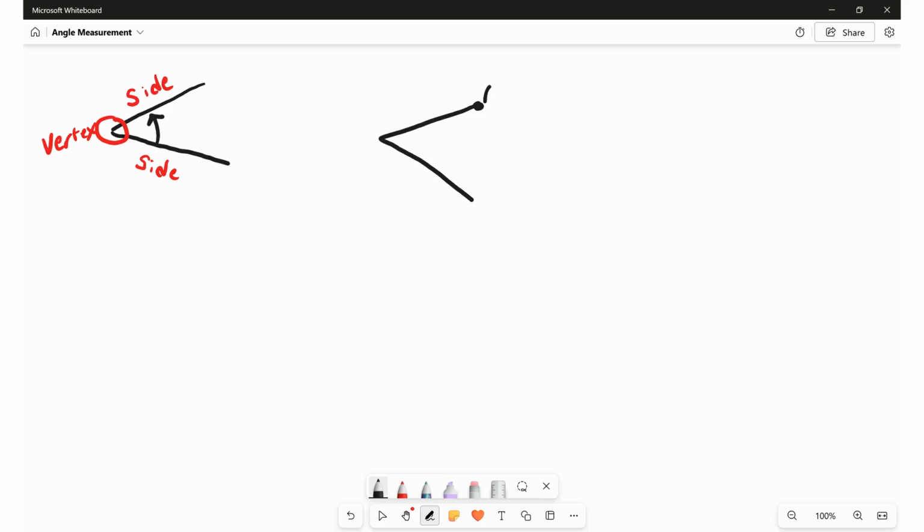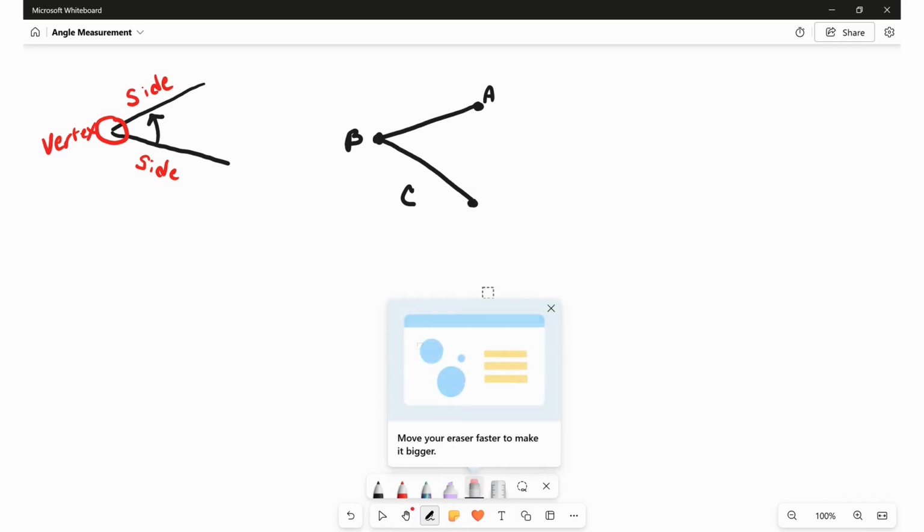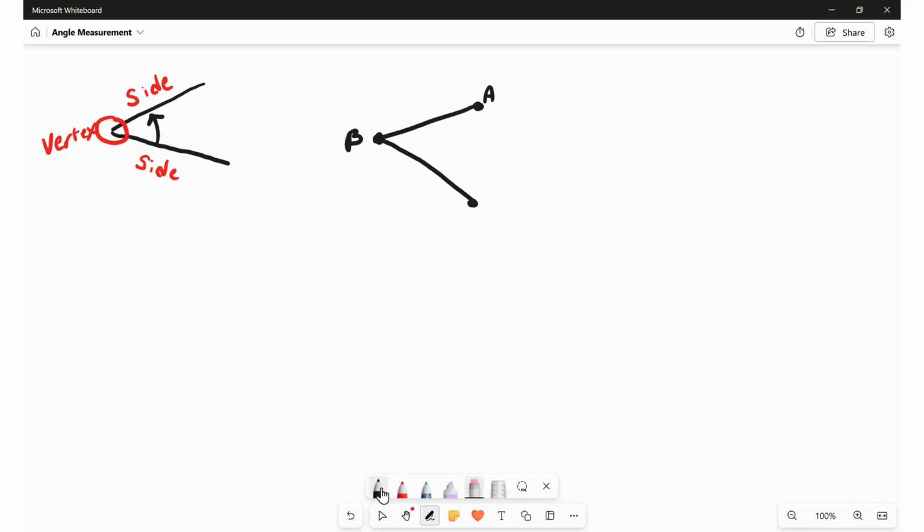I'm going to say that this endpoint is point A, this vertex is point B, and this endpoint is point C. Okay? So there are ways to identify this angle. How can we name this angle?